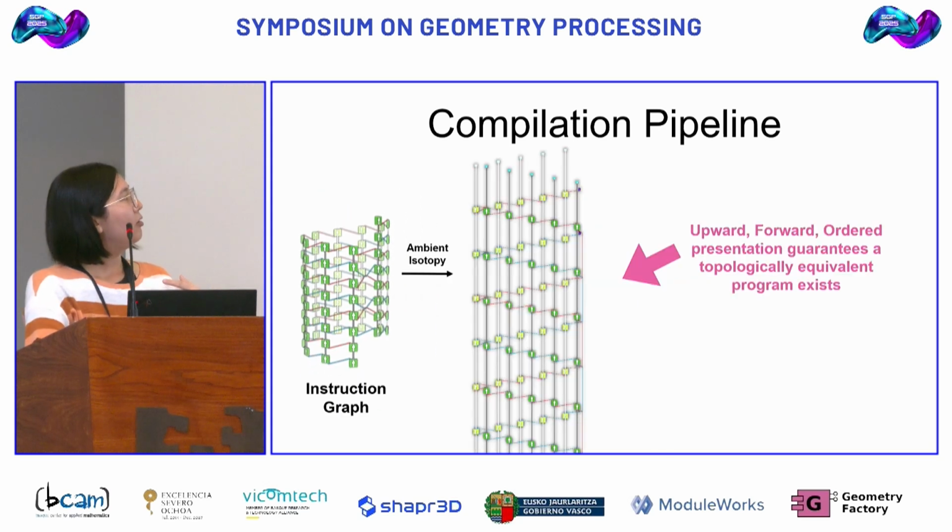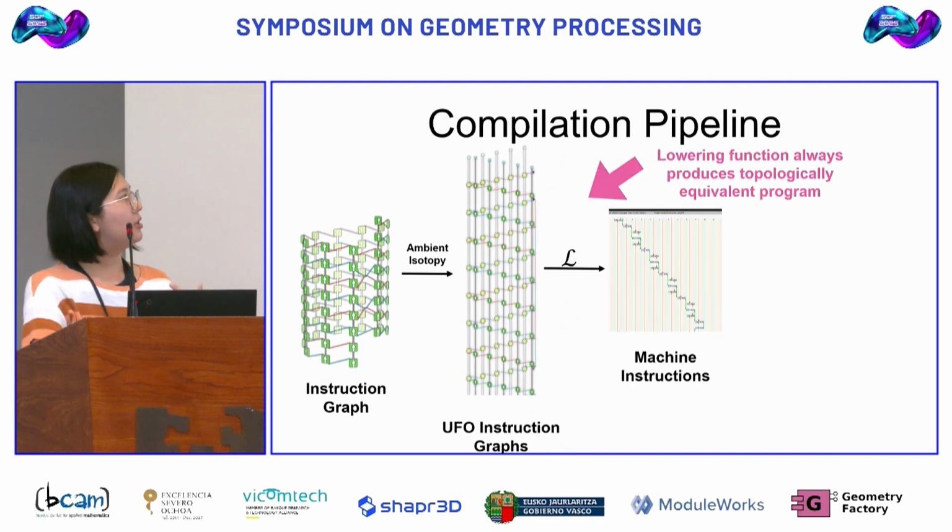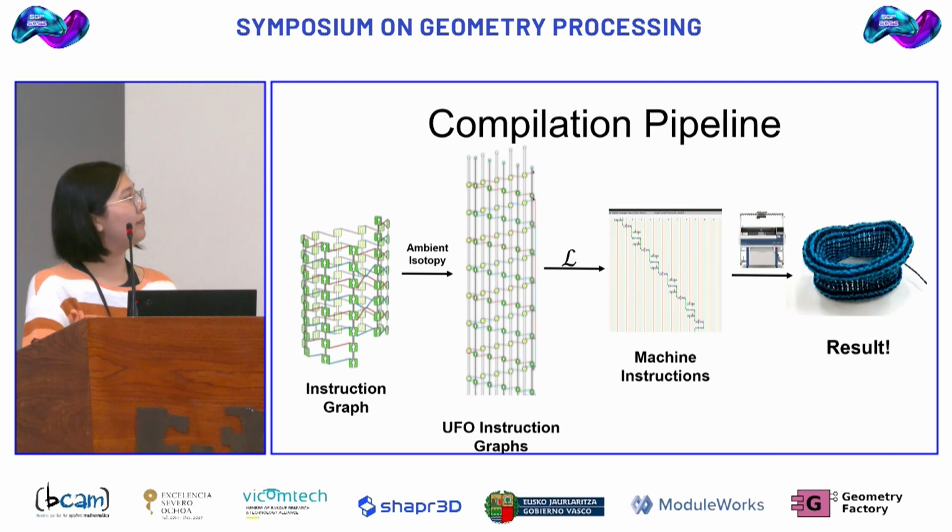Once we have that, we do need to transform it into an upward-forward ordered presentation, which we can do under ambient isotopy to make sure that the underlying fence tangle topology has been preserved. Once we do that, we always know that there exists some program that will create the same topologically equivalent result, and from there we can fabricate it and know that it is topologically equivalent.